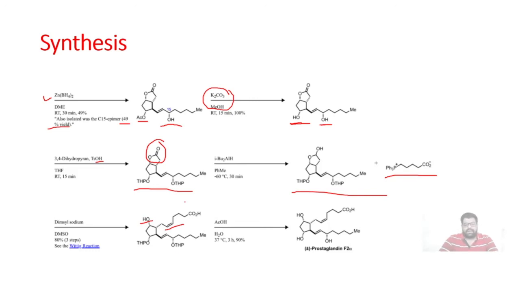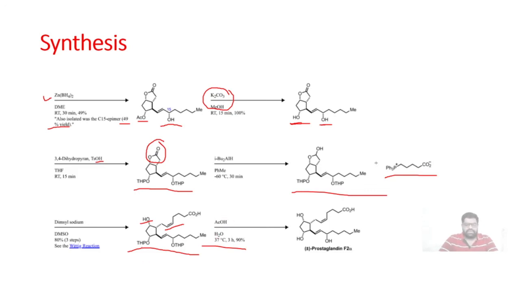So friends, this is how we achieved all the molecules over here. Then the last step is simply the deprotection of these two OH groups using simple acetic acid in water. So I will say acetic acid or acidic condition.